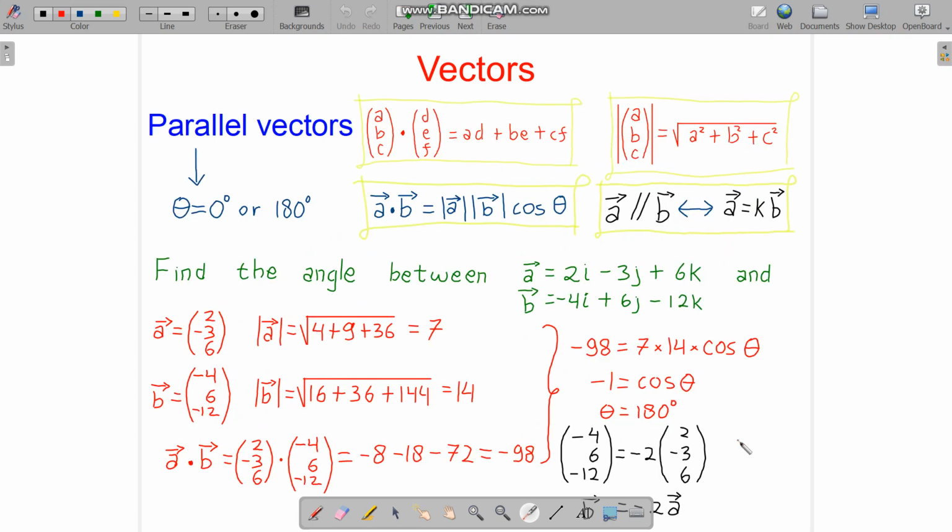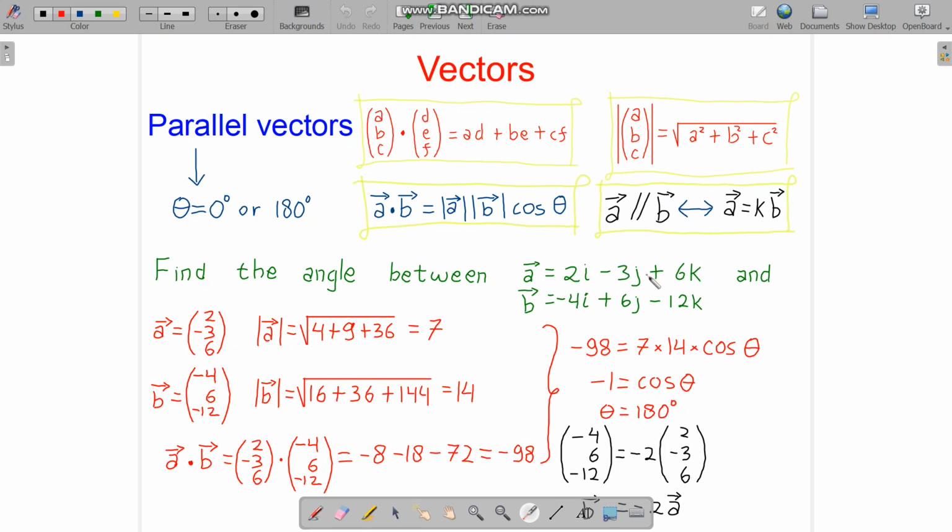And now we have parallel vectors. Parallel means the angle between the vectors is 0 or 180 degrees. Because we have these formulas, you can just use them. For example, find the angle between this vector and this vector.